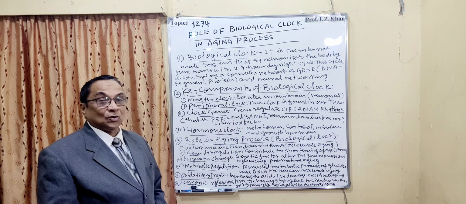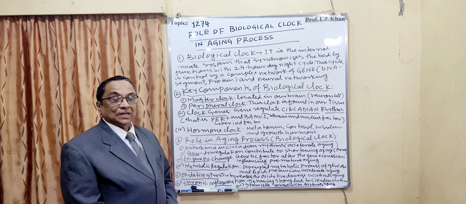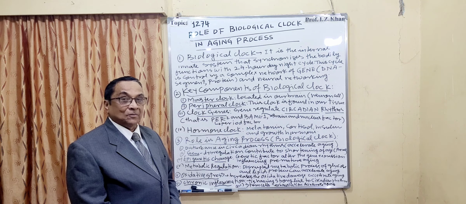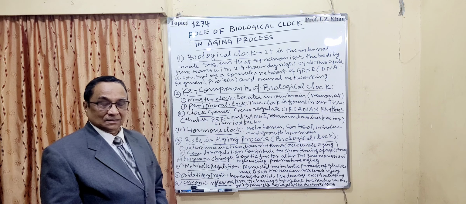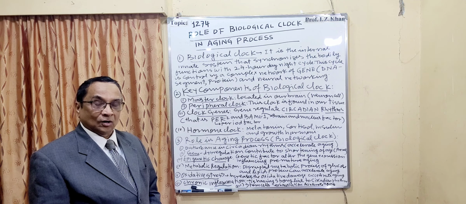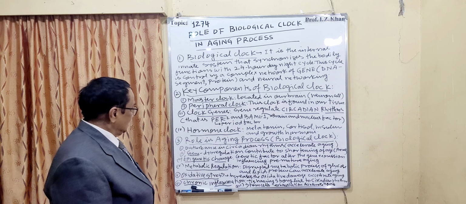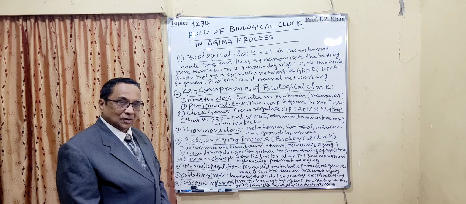Once your circadian rhythm is disturbed, your cycle of life from morning till night, or 24 hours, is not routine or properly managed, and that will accelerate your aging. That is one biological clock factor.